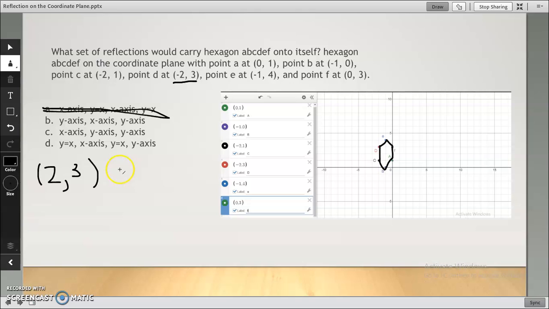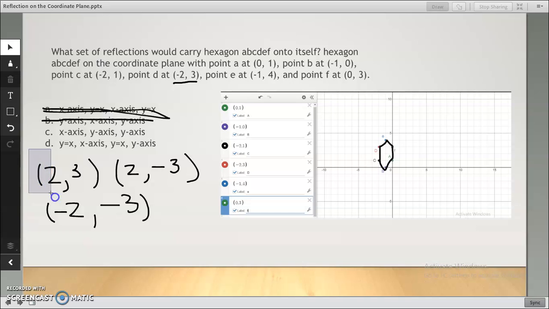Then I go over the x-axis. This time my y will change. So it's going to give me (2, 3). And then I'm going to go back over the y-axis. When I reflect over the y-axis, my x changes. So it's going to give me (-2, 3). And again, this does not equate to the original, so it's not B.